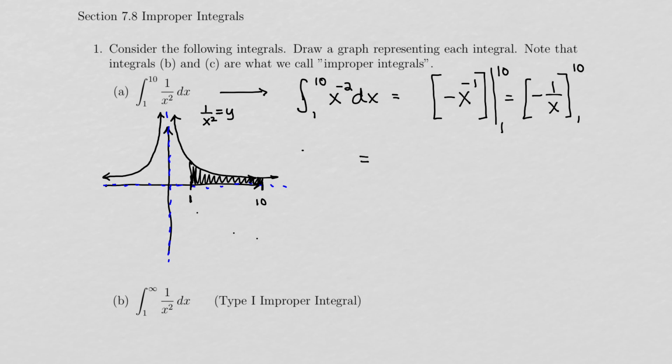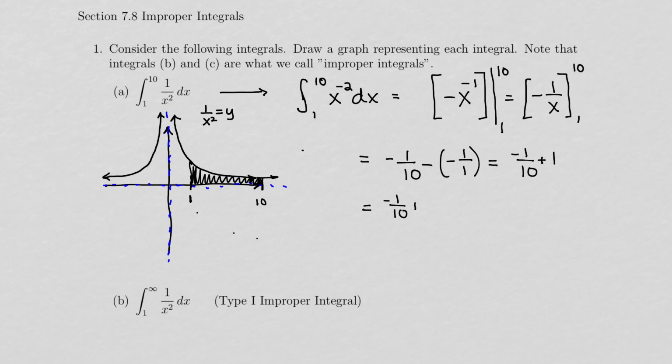So if I'm evaluating this out, what's it giving me? It's giving me negative 1/10 minus negative 1 over 1. Is that what you got? Negative 1/10 plus 1, which is like plus 10 over 10, right?